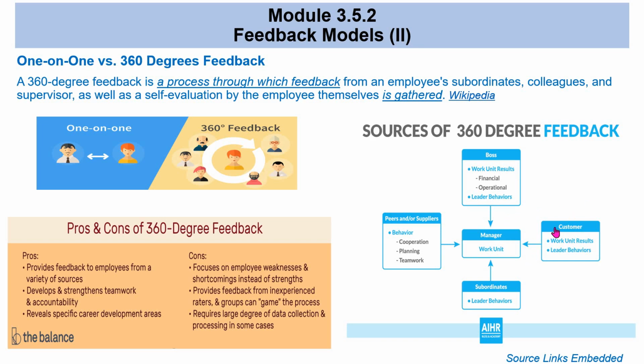A customer can tell you about how you behaved or did things with the results and also your leadership behavior. Your peers or suppliers can also tell you about your behavior when it comes to cooperation, planning, and teamwork. And of course, your subordinates or your team members can also give you a feedback about your leadership behavior.